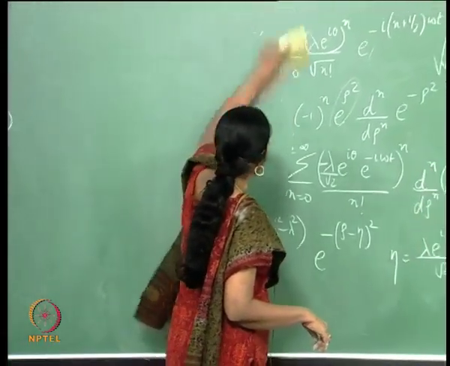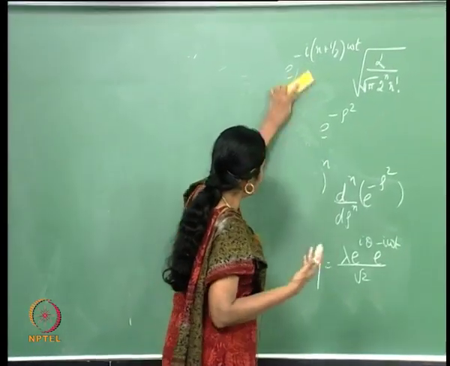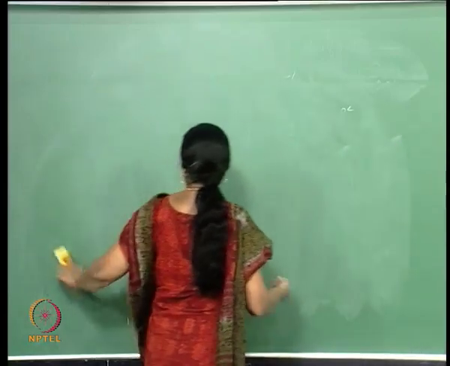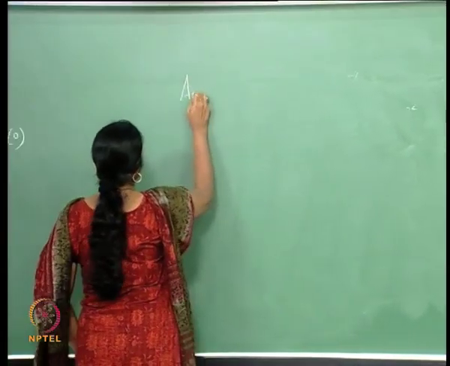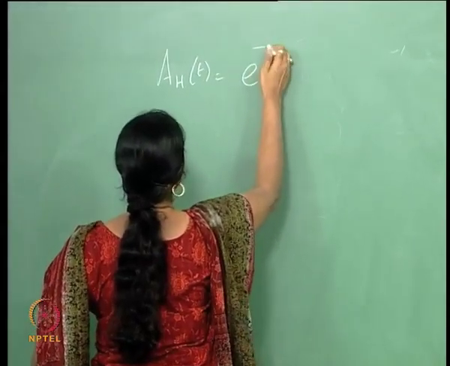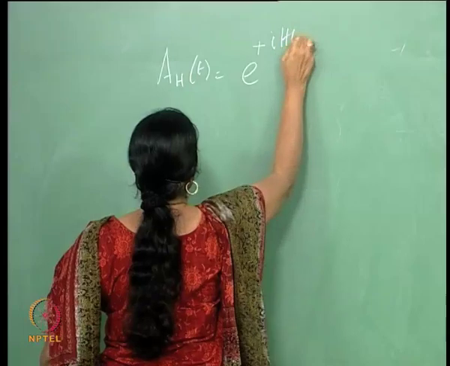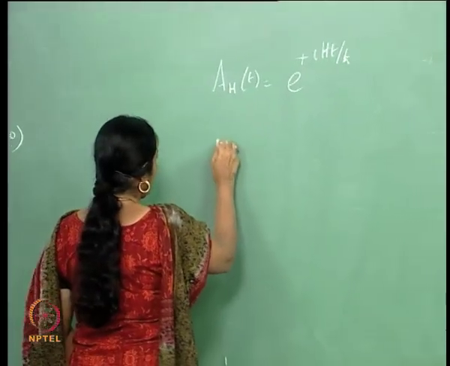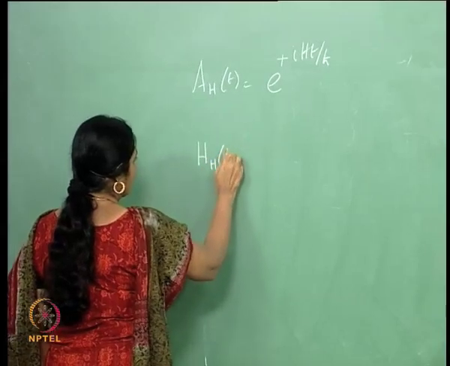So what does that mean? By way of an equation of motion for the operator, I have A_H of t is U inverse, so e to the i H t by h cross. Remember, by this token, what is the Hamiltonian in the Heisenberg picture?